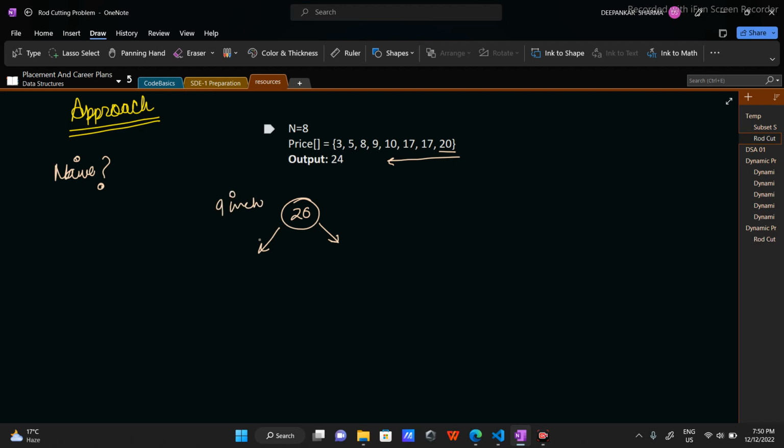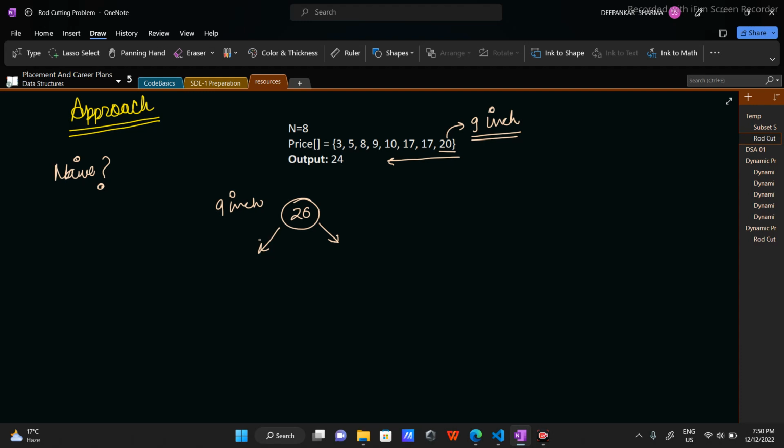If this is the cost of a 9-inch piece, how am I going to make money for an 8-inch long rod? If this is larger than the rod that I have to sell, I cannot make it. Right now you might not be able to understand what I'm trying to say, but eventually you will, because while coding I'll show you how it works.